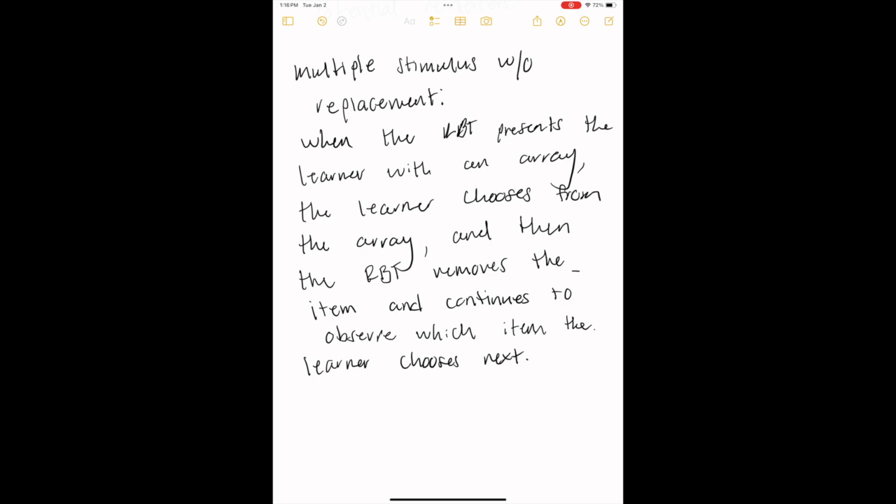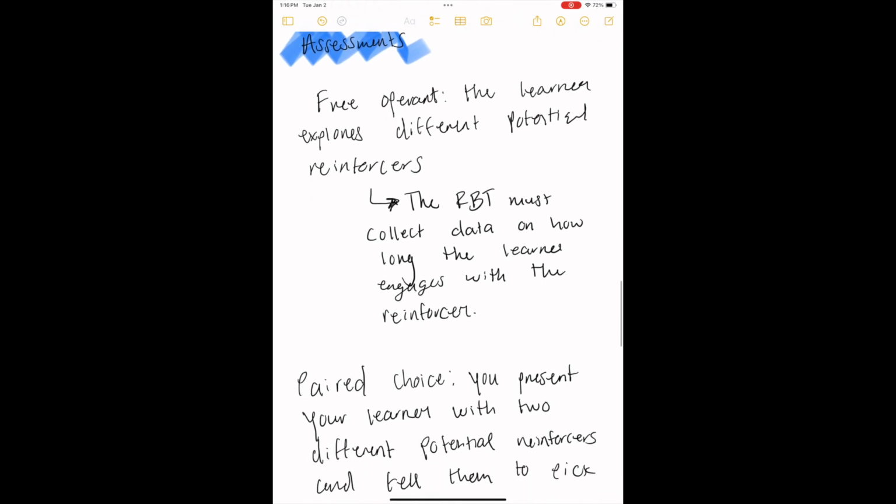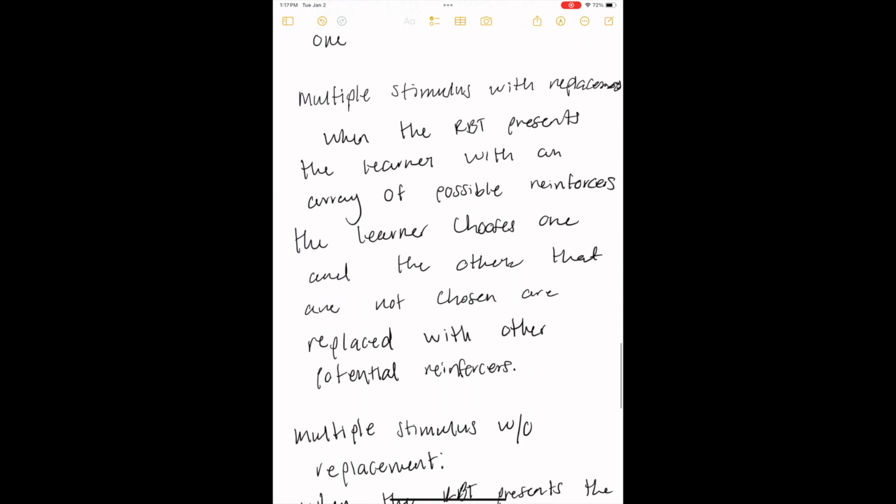But this shows you their hierarchy, and it's a really good one to do if you want to know what they like most to least from only the array that you give them, because they might like a lot of things. It might not be all of their preferences.